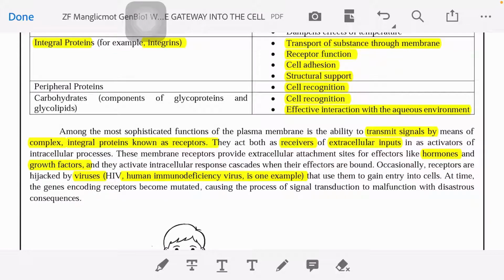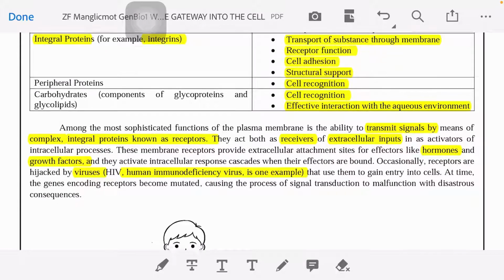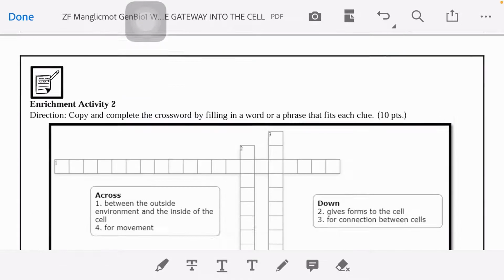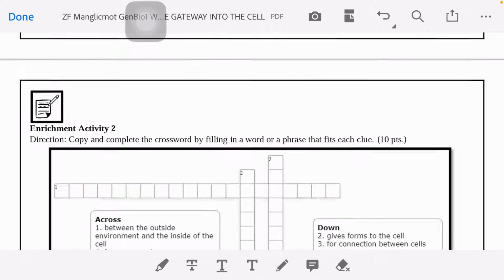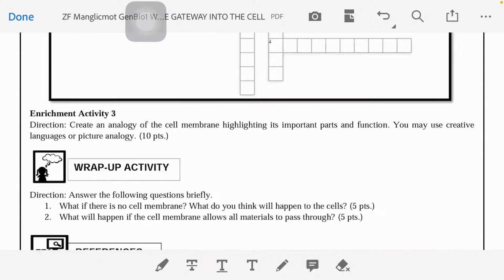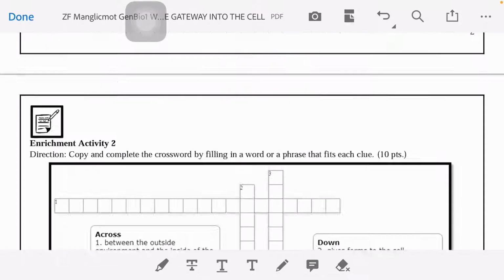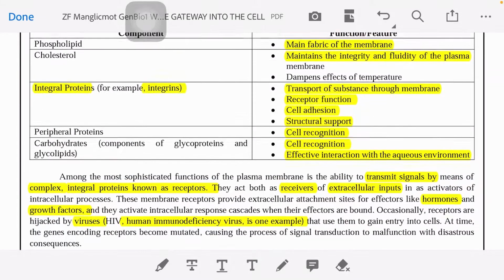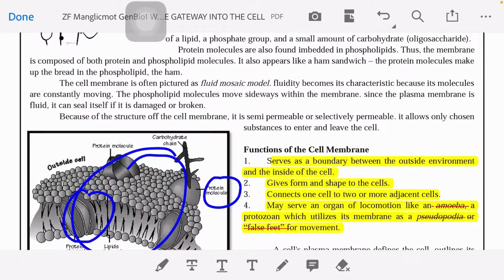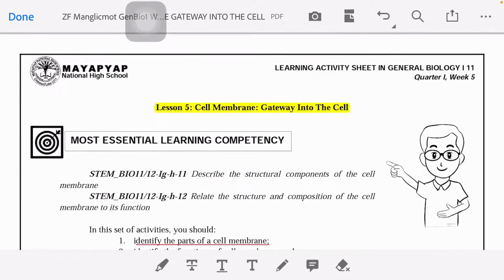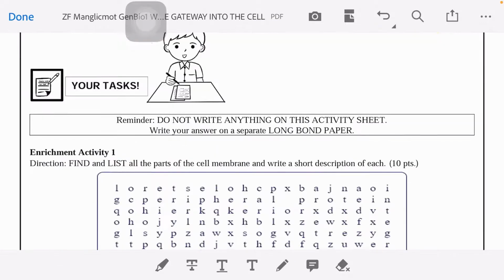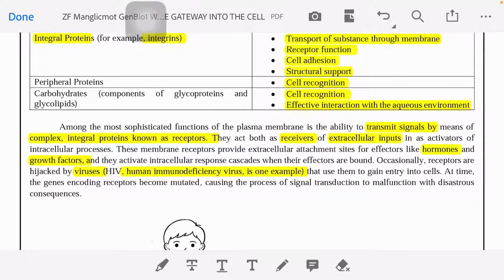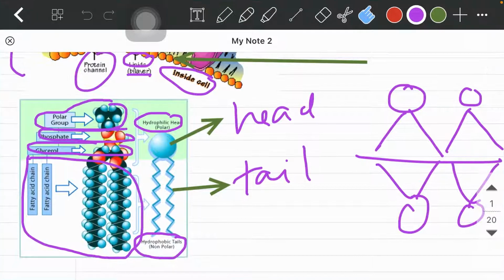Now, you have the activity where you make an analogy. I would like you to think of another analogy. That's why the title of our lesson is Gateway into the Cell, from the term gate. Basically the cell membrane acts like a gate in a compound, for example.